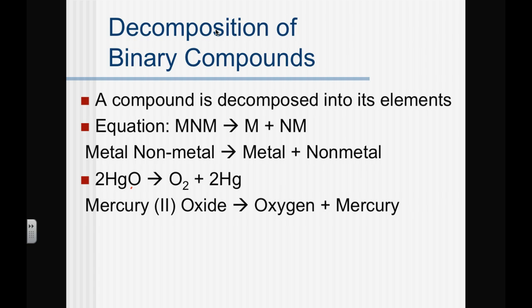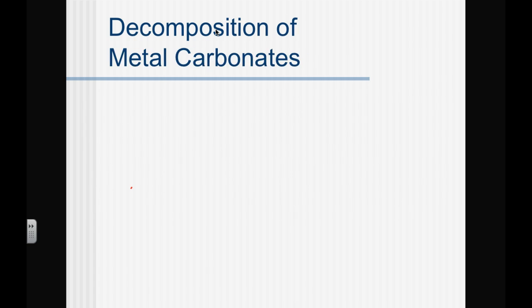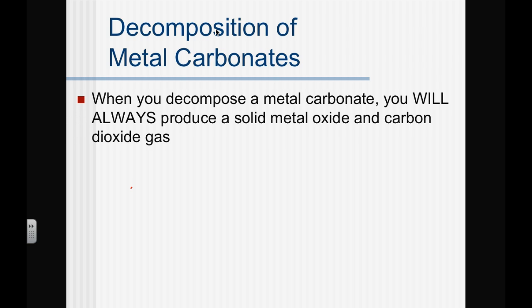And here's where we're going to start to get a little bit more complicated. Decomposition of metal carbonates. In this one, I'm going to give you some kind of metal and a carbonate, like calcium carbonate, iron II carbonate, sodium carbonate. When you decompose a metal carbonate, you will always make a solid metal oxide and carbon dioxide gas.